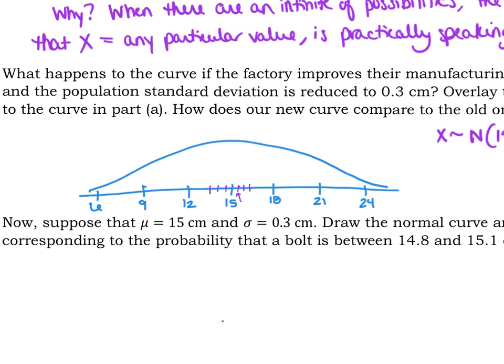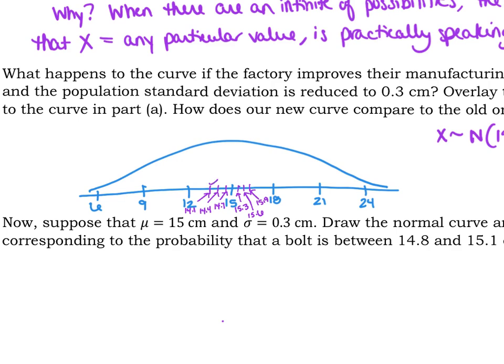This one here, that's 15.3 centimeters. That next one is 15.6 centimeters. And that guy right there is 15.9. Going the other way, this would be 14.7, 14.4, and 14.1. That means that the vast majority of these bolts are now going to fall in that range.